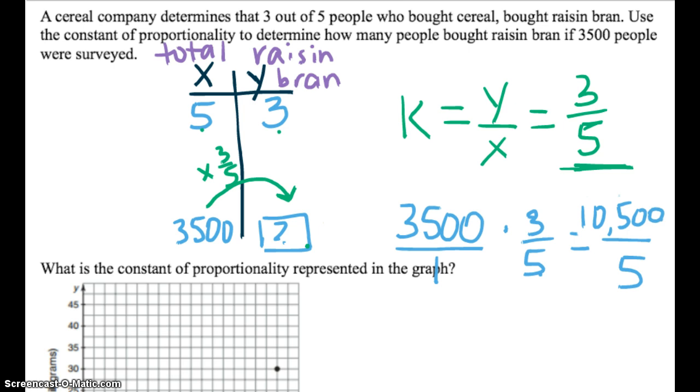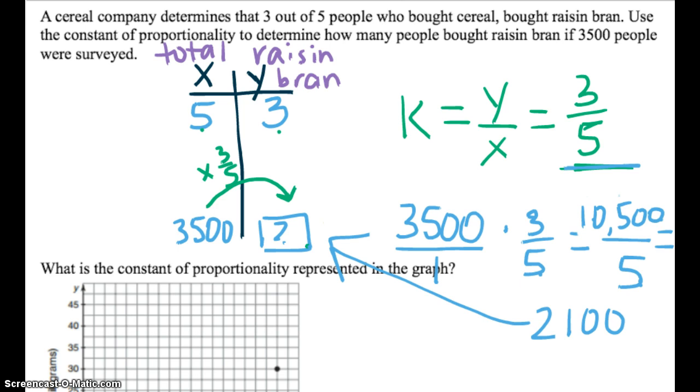So I have 10,500 divided by 5. Let's divide that out. I bet I could do this in my head. 5 into 10 is 2, and 5 into 500 is 100. So, isn't that what we got before? But this time, we used the constant of proportionality to determine Y number of people who bought Raisin Bran.